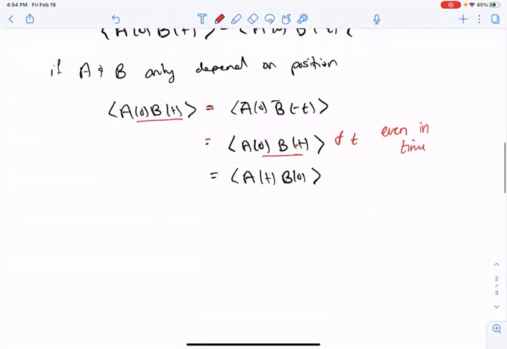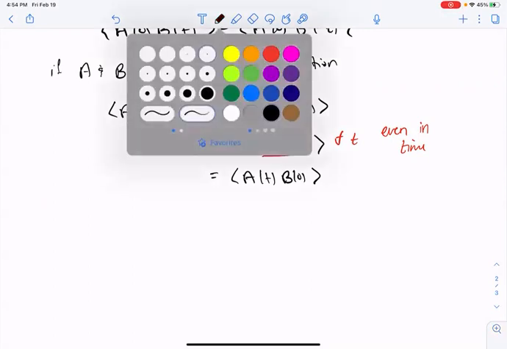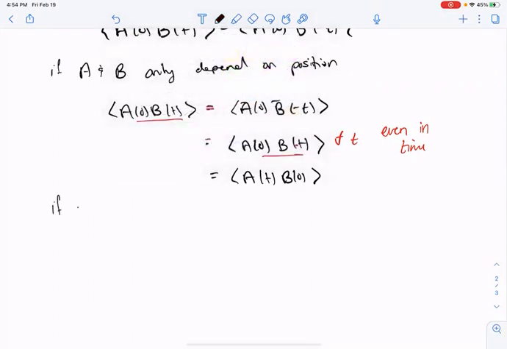If, however, they're both functions of momentum, then both will change under time reversal, and so it will be overall even in time as well.